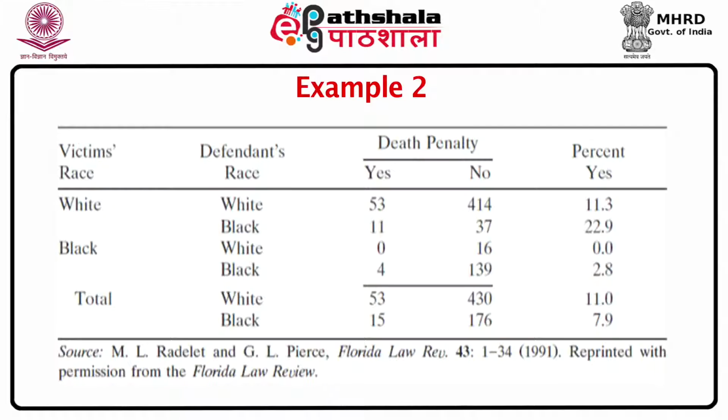Let us move on to a different example, which illustrates a slightly more complex collection of data. So in technical terms, this is a 2 by 2 by 2 table.